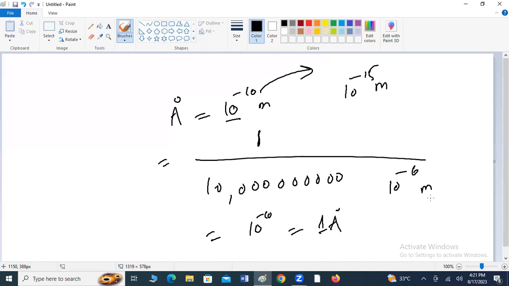These three were the units of length on different scales: micro scale, angstrom scale, and light year. So is that clear to you? Yes, sir. The question can come that explain light year, or can you calculate how much is the value of light year in meters?